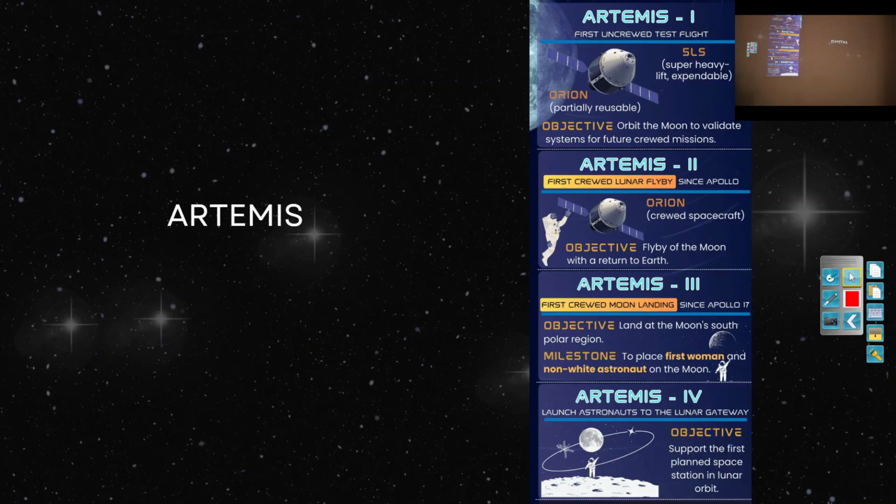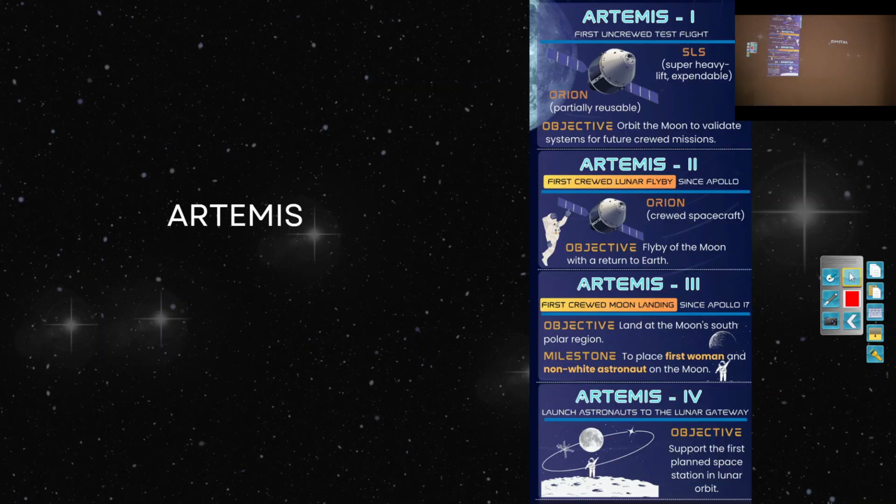And Artemis 4 is where they are going to have a space station in lunar orbit, like how we have the International Space Station in Earth orbit. So similarly there will be a space station in lunar orbit, and it will be easier for us to go to Mars, because if we launch a spacecraft from the moon, we can make use of gravitational force to push the spacecraft even faster.